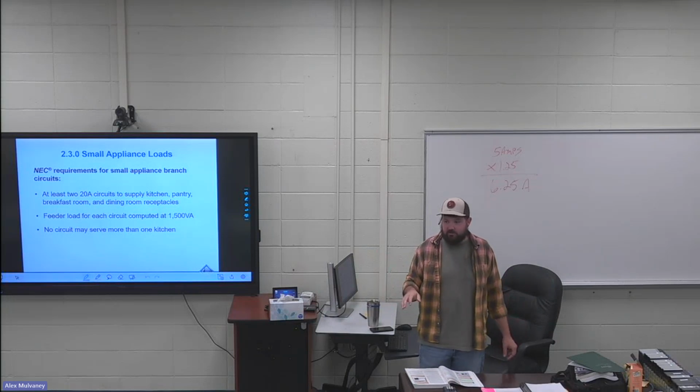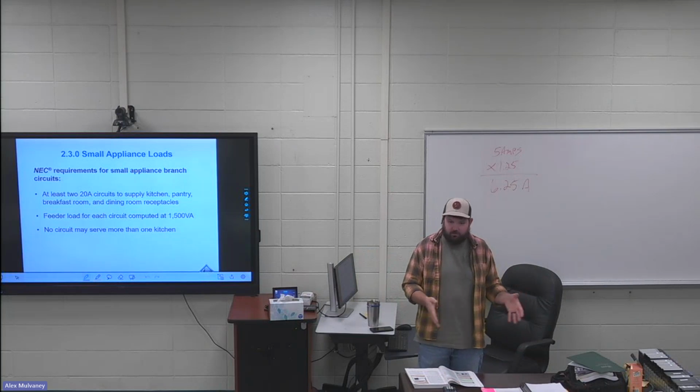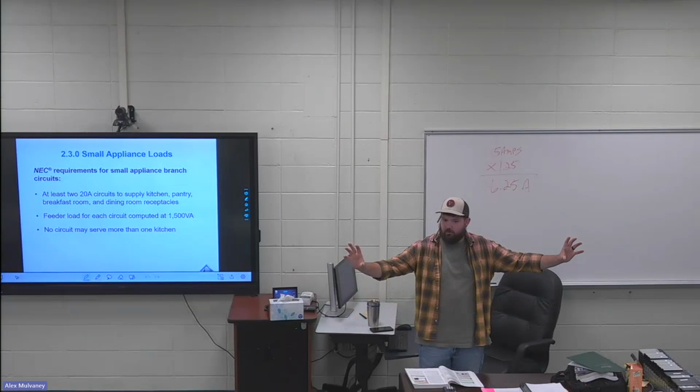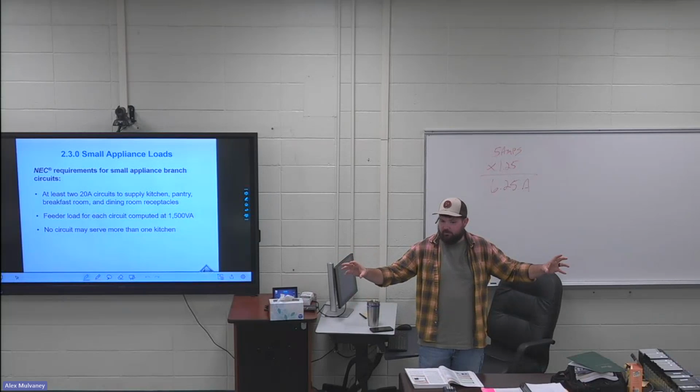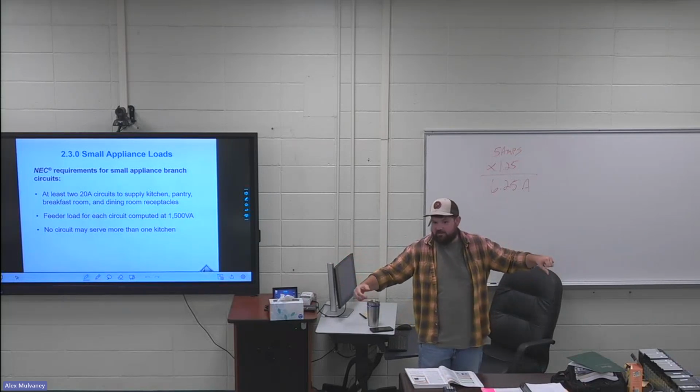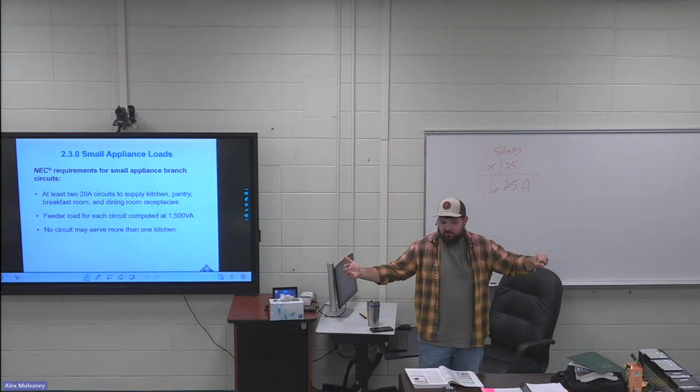Usually, not always, but a lot of times in houses, the sink is kind of centrally located in the kitchen, and you'll have a plug right here on your sink, and you'll have a plug right here on your sink. A lot of times, those are your GFCI plugs. Those are your 2 separate circuits. This one feeds that way, and this one feeds that way, because everything connected to the backside of a GFCI is what?